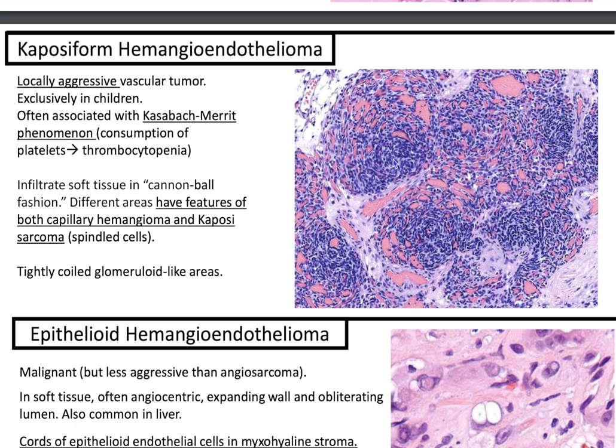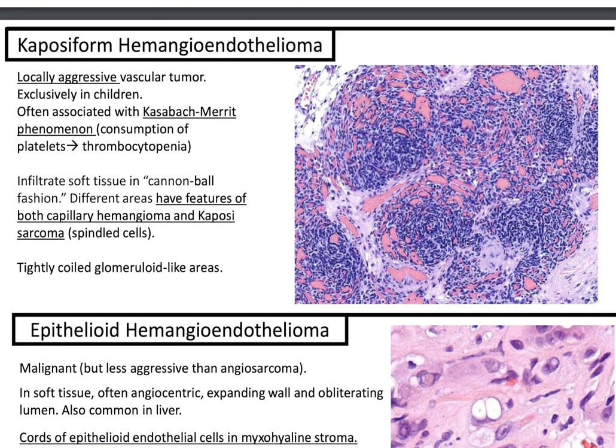And you have different areas that have features of both capillary hemangioma and Kaposi sarcoma with the spindled cells. Here you see the capillary-like hemangioma, and then you can see those spindled cells.